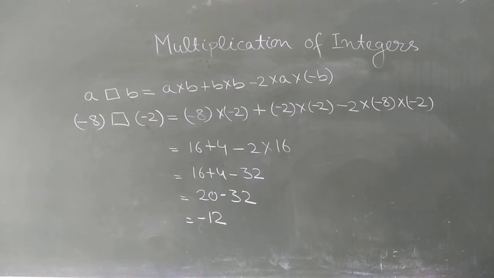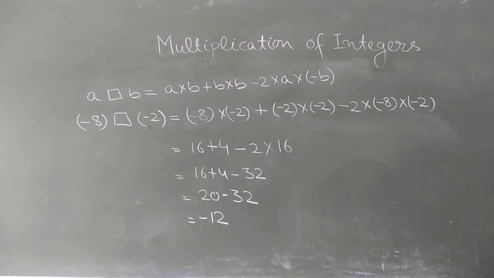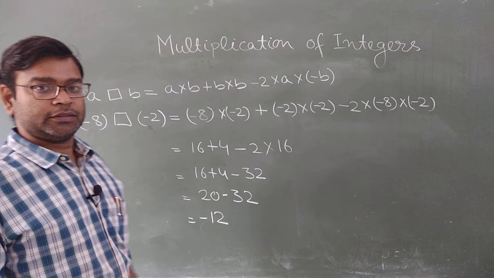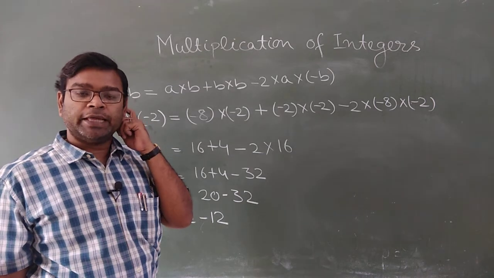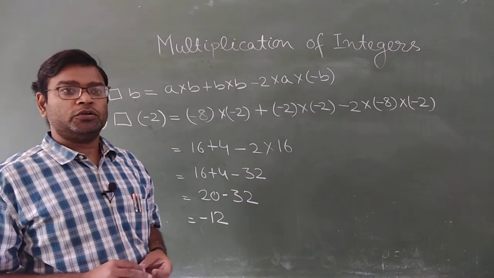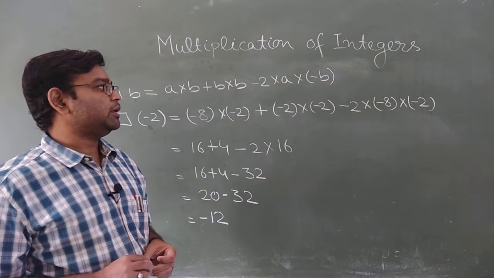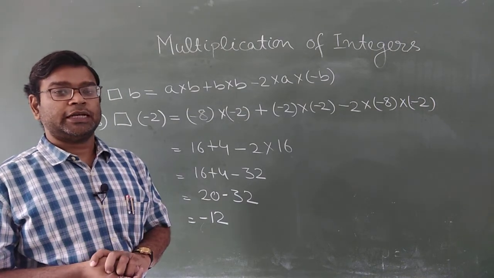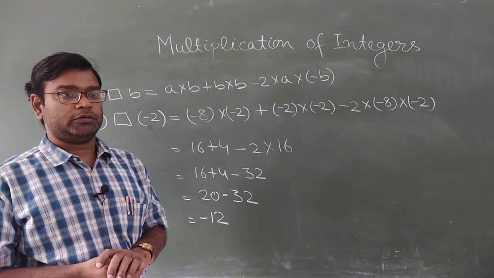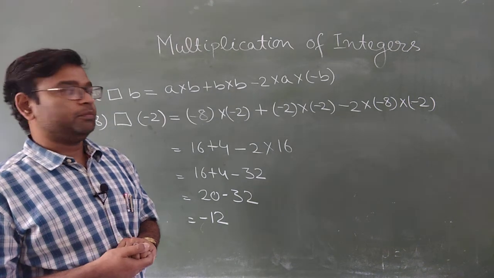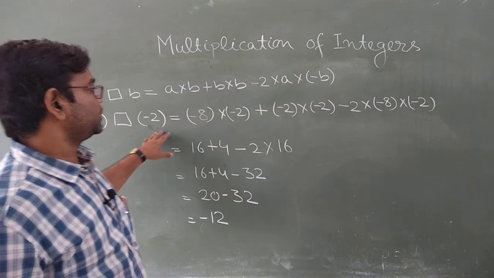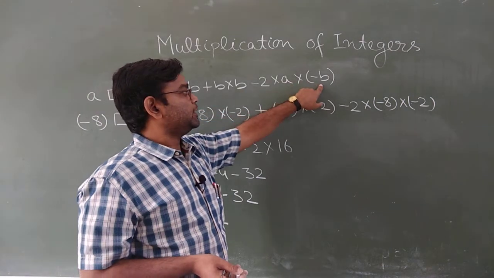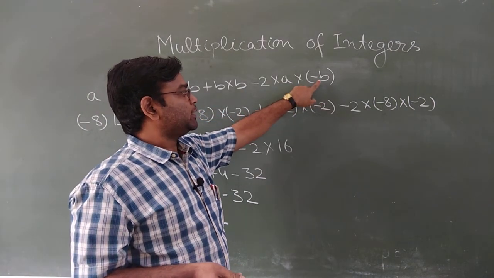Here I made some mistakes of sign. Hope you can easily understand, because in the exam many of you make the same type of mistakes. That's why I wantedly made a wrong sign change. So let me explain where the mistake is. At the end it is given minus B. Minus B means what?